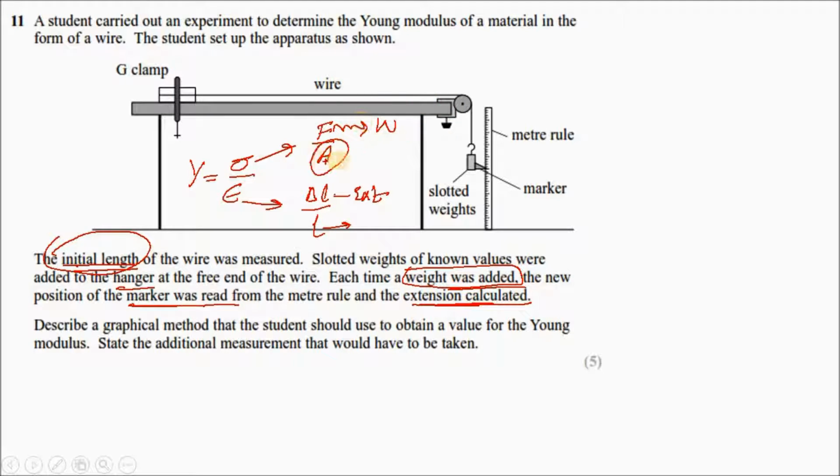That means for area, first a student should measure the diameter, and using this diameter a student can find the area by pi d squared by 4. And then there are two options. The one that I think is easy is this approach, stress upon strain.